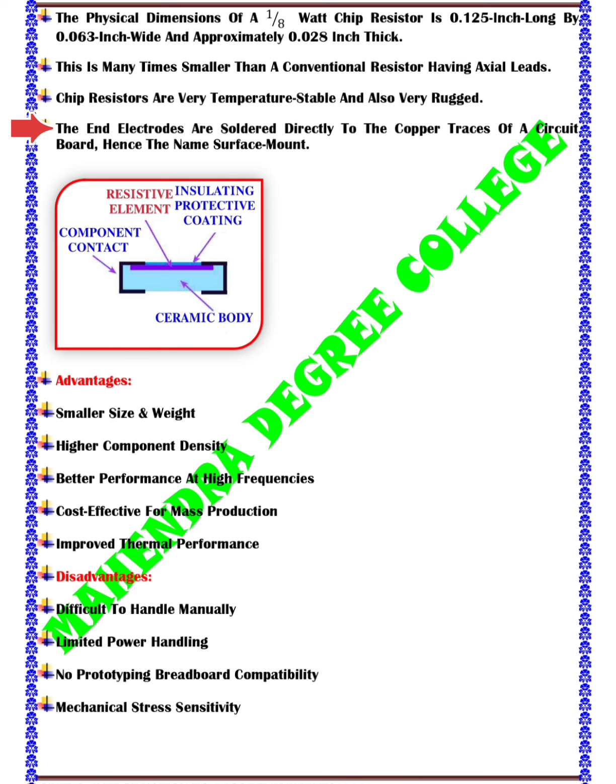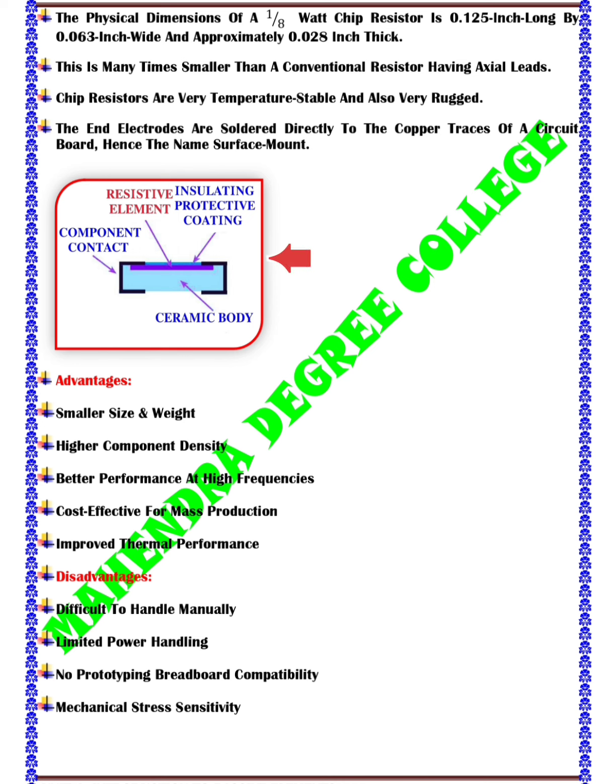These components, known as surface mount devices, have electrodes that are soldered directly to the copper traces, also called pads, on the PCB's surface. This method is called surface mount because the components are mounted on the surface of the PCB, not through holes as in through-hole technology.